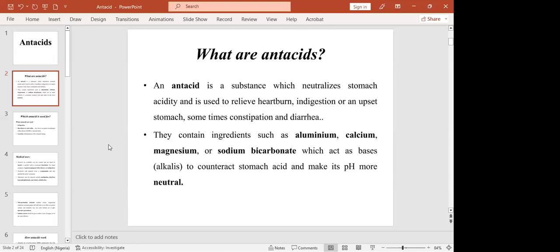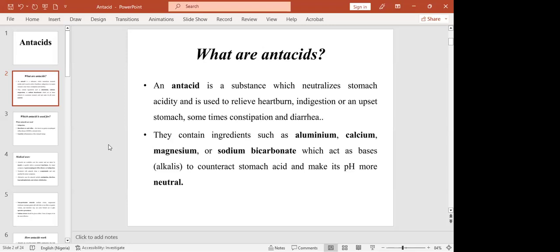And sometimes they may be used for constipation or diarrhea, because we would employ the side effects of the antacid to either induce diarrhea in a constipated patient or induce constipation in a patient with diarrhea. Those are the common uses.